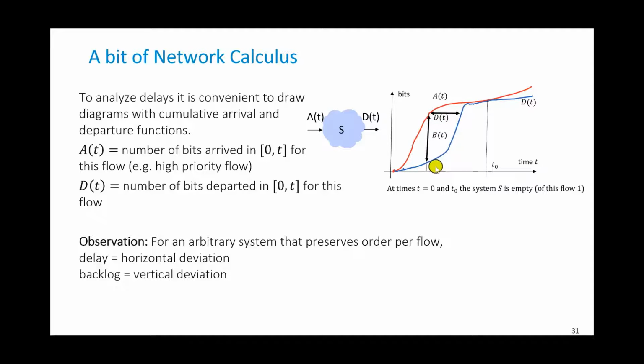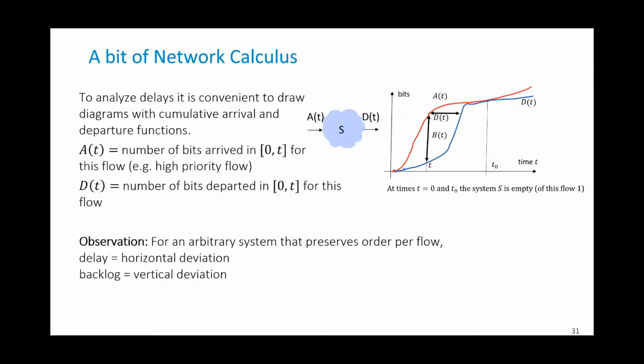Delay: here if I plot the red curve and I draw a line at time t, there was the end of a bit of a packet that has arrived here, and I ask the question, when did this packet leave? When did the last bit of this packet here leave the system? Well, if the system is FIFO, if it serves the packets in order for this flow, then this bit will leave when the number of bits that are left is equal to the number of bits that have come in.